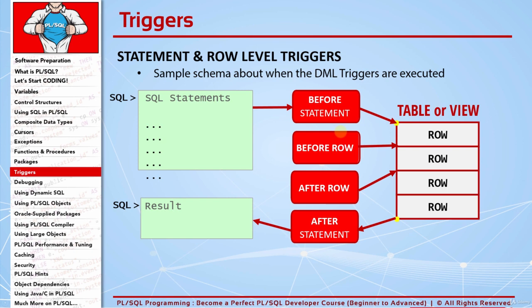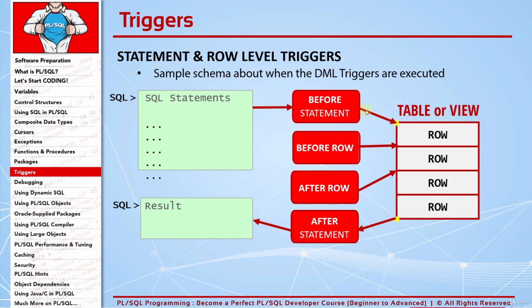As we know from the previous lectures, we have two timing identifiers, before and after. If we specify our trigger as a before statement trigger, this trigger will be fired just before the statement is executed. This is important, by the way. If your trigger is a before statement trigger, when you press the execute button for your SQL statement, it first fires the trigger.